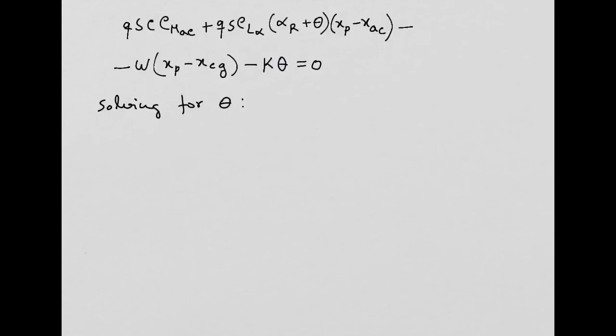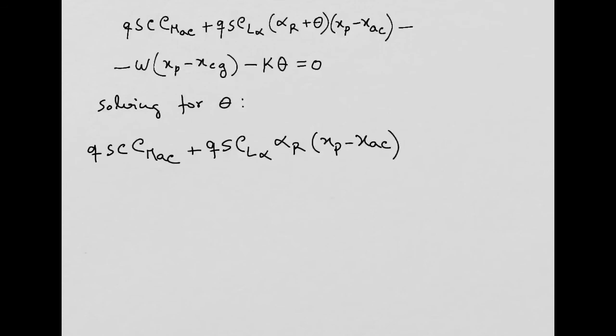So if you do that, you will get on the left hand side QSC CMAC plus QSC_L alpha times alpha R times XP minus XAC minus W times XP minus XCG.